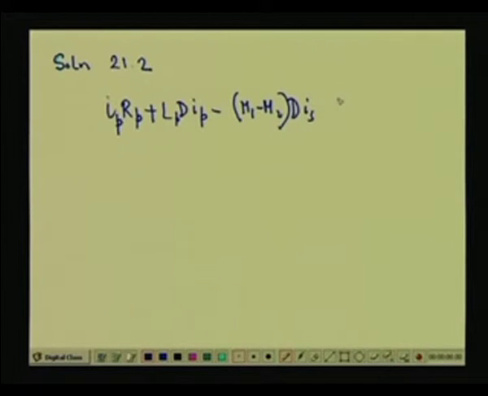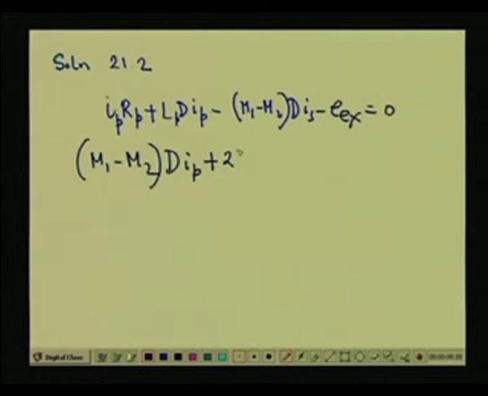Fine. d(is) minus excitation voltage equals 0, and M1 minus M2, in the secondary side also we can write, into d(ip), the color of the pen changed, it does not matter, (Rs plus Rm) into Is plus 2 Ls d(is) is equal to 0.